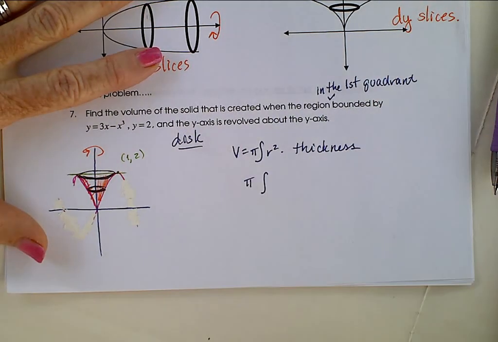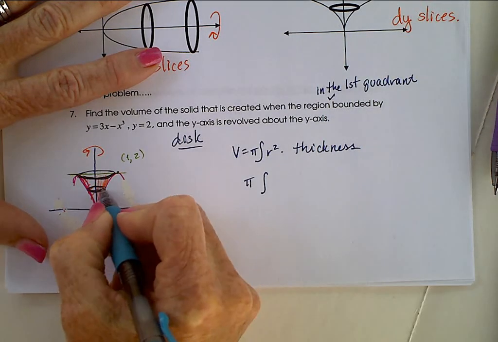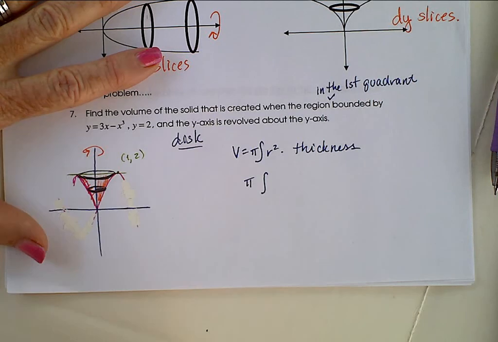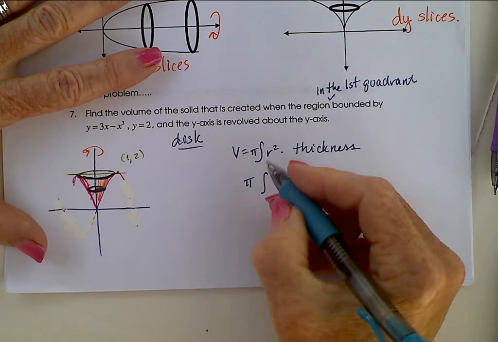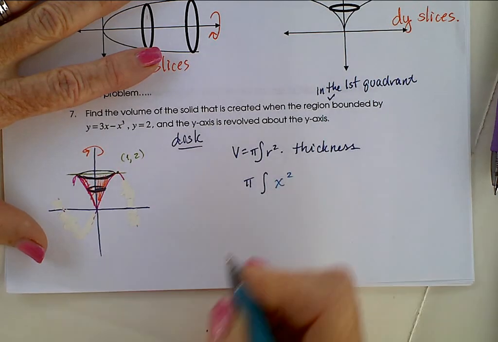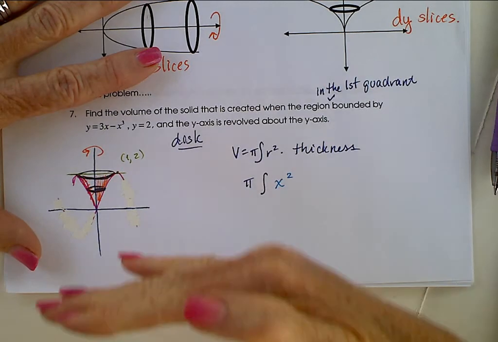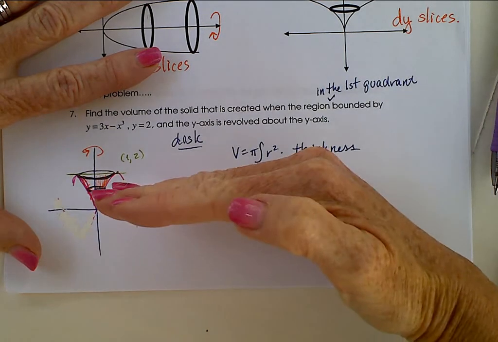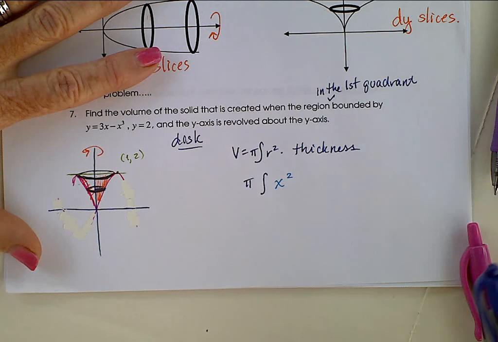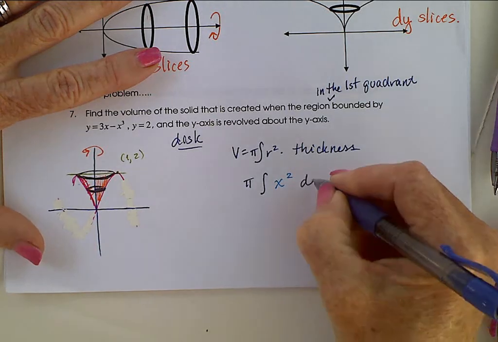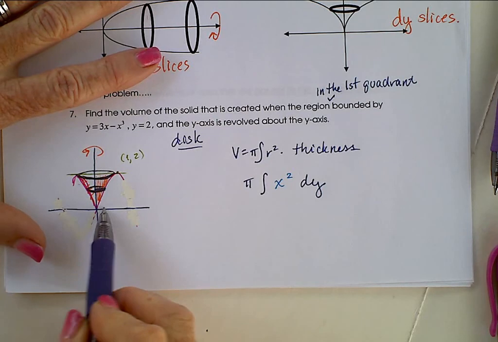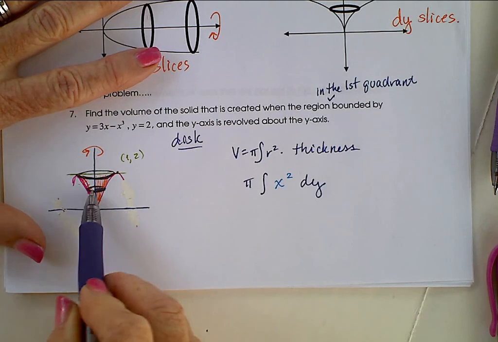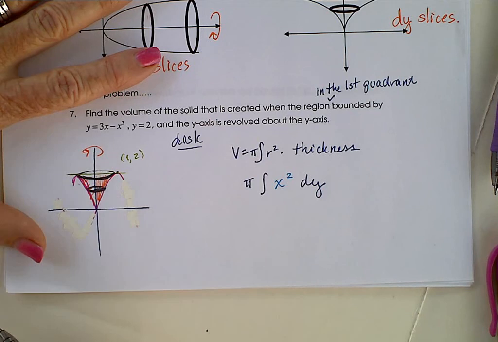Alright, radius goes from the axis of revolution to the original function, which is out this way. It's running horizontally right here. That is an x value, so that will be x squared, times thickness. We're slicing through this way, so our slices are dy slices, and our bounds will be from where we start slicing down here at 0 up to where we stop slicing, which is at 2.